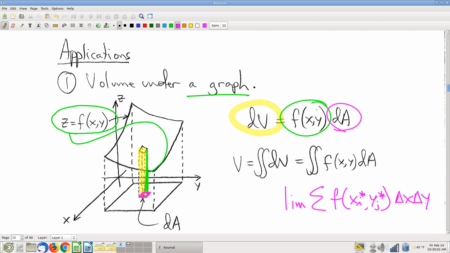There's our Riemann sum from the previous page, right? And so again, the height, you can see right there, value of the function. The area of the base, there it is, right there. I should have used a different color. Oh well.